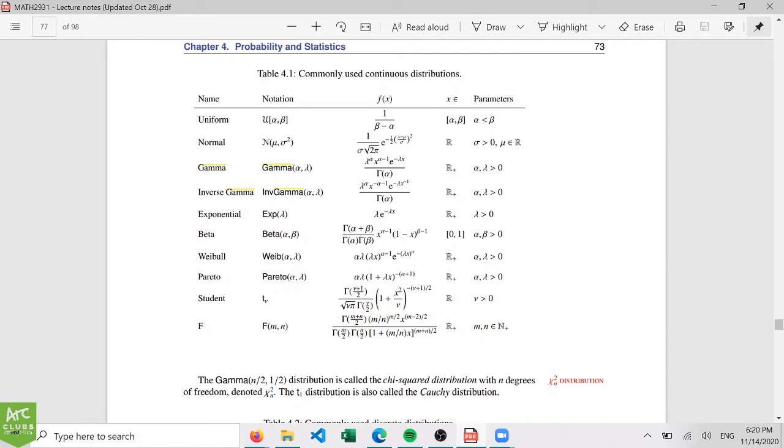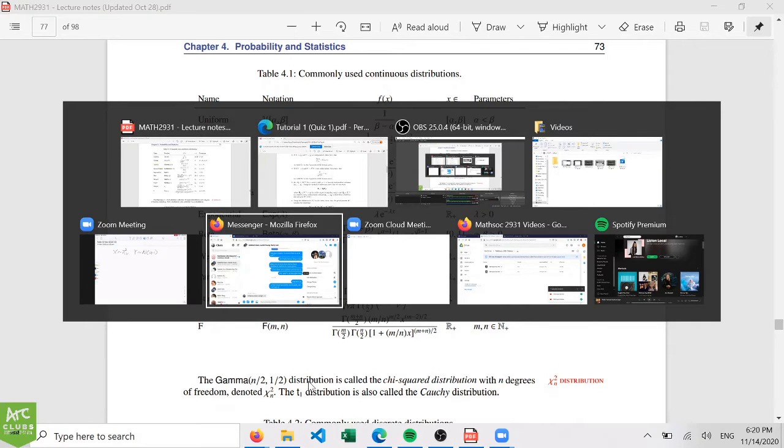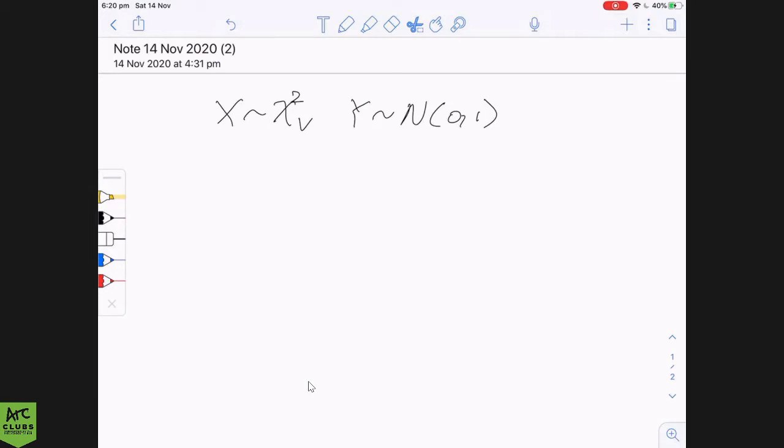So I'm just going to quickly write that down onto our notes over here. First up, we have our chi-square distribution, which is a gamma with parameters v over 2 and 1/2.